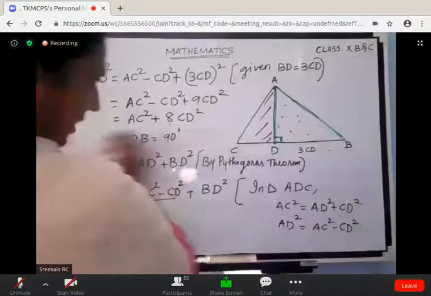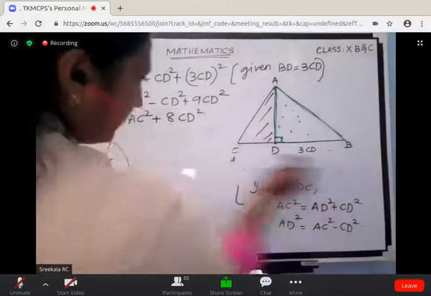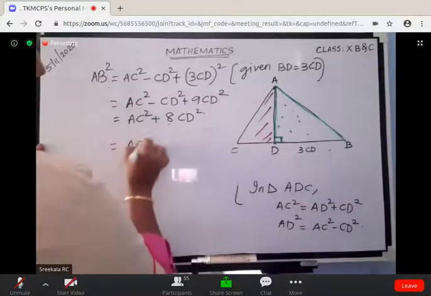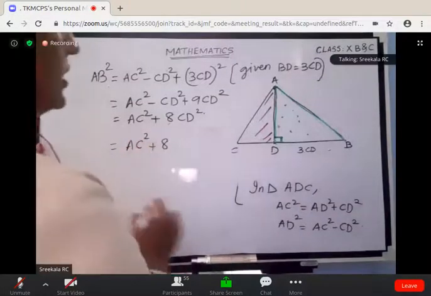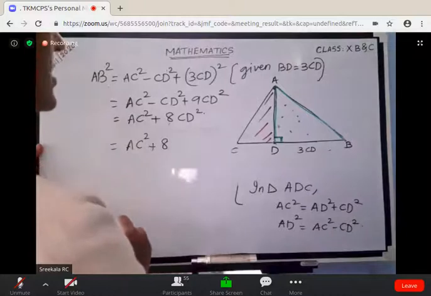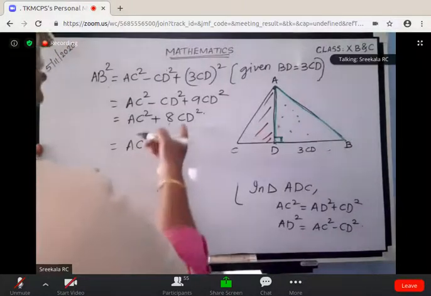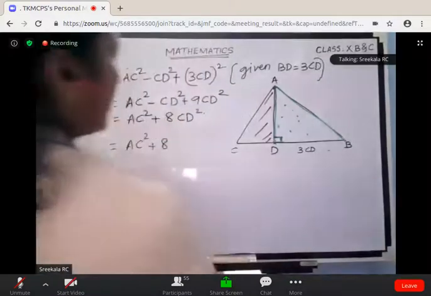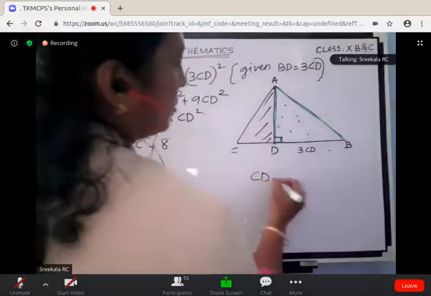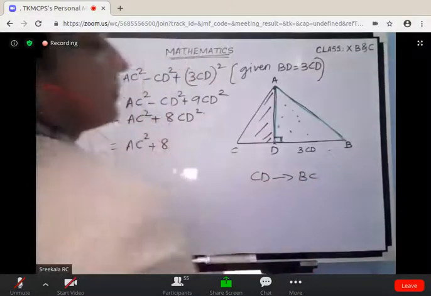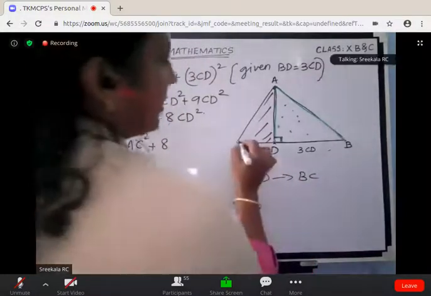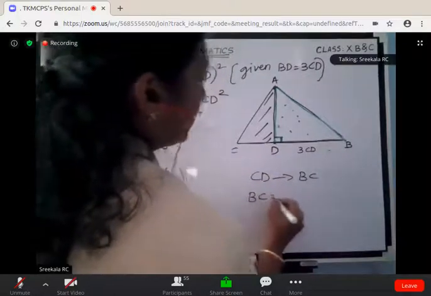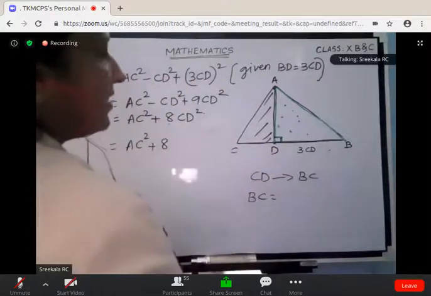I'll explain later. Now we erase that one. So AC square plus 8 CD square, we need AB square is equal to 2AC square plus BC square. So can you write CD as BC? Can you convert CD into BC? Look in the figure, this BC equal to, why we convert?